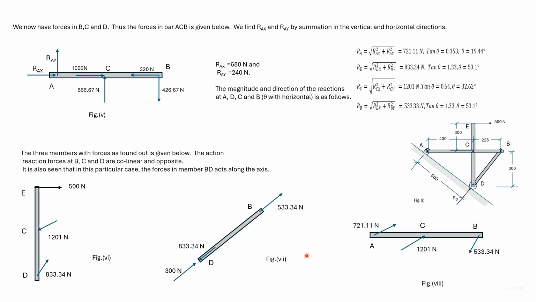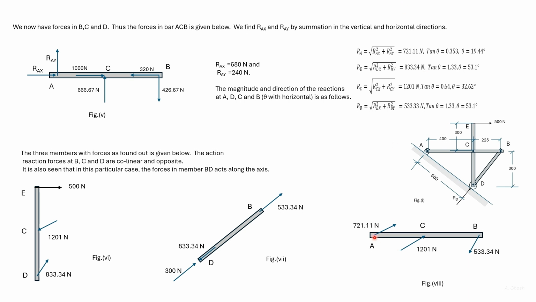So we have drawn the members and the forces acting on them. Here we see that at C, this is the force due to the pin, while at C in ACP, there's an equal and opposite force also due to the pin.